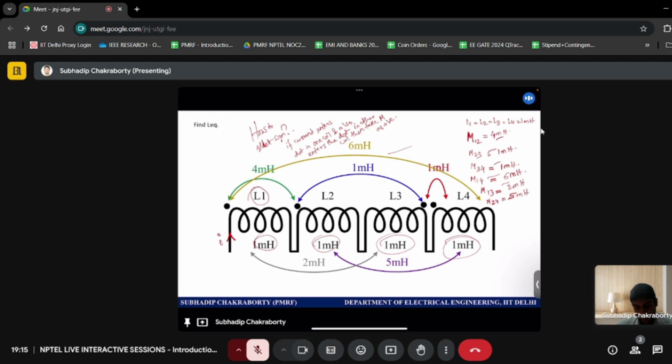So 1 and 2 is positive because current is entering both the dots.